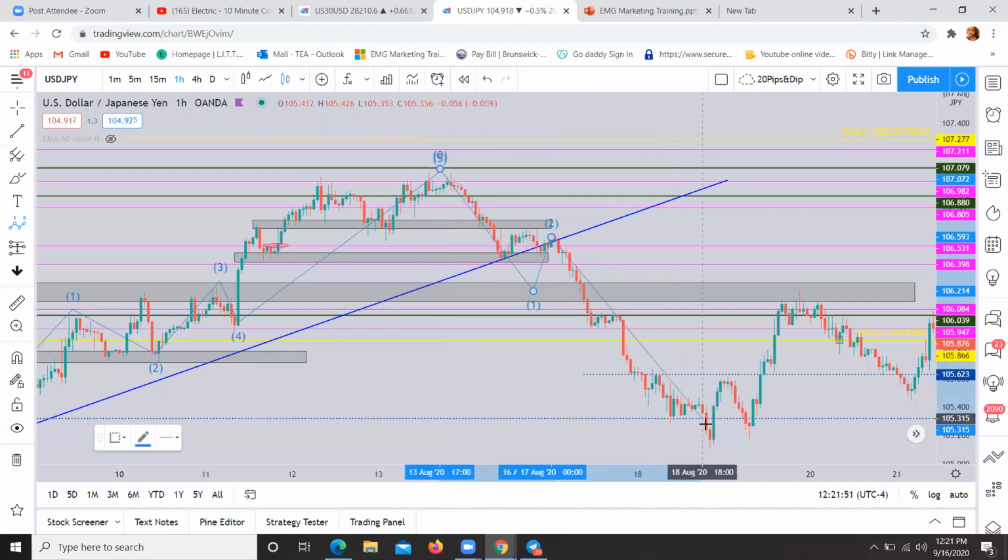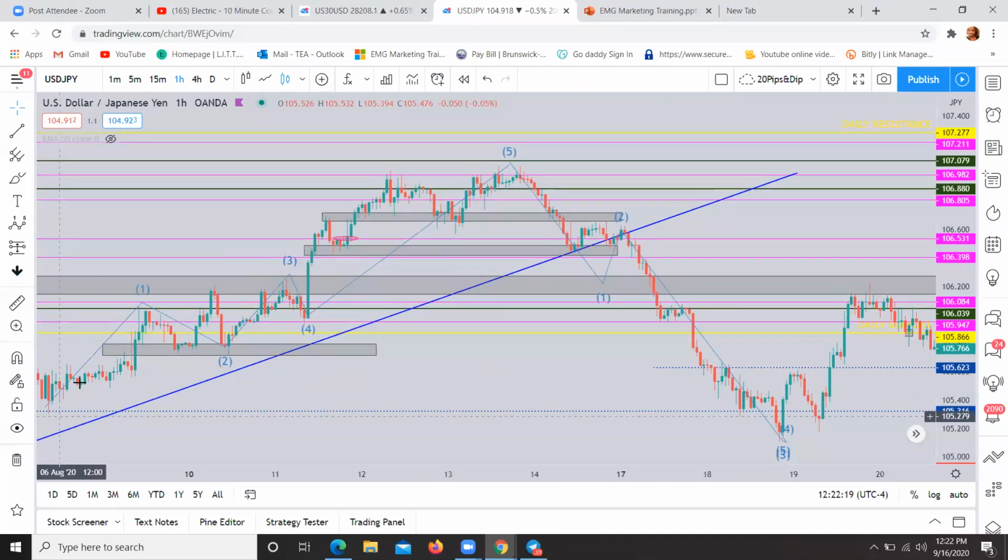What happened, y'all? Once it broke this level, this gray box right here, it was a reversal, correct? It started forming lower highs, lower low, lower high, lower low. So the buying time was over, and it was time to sell.